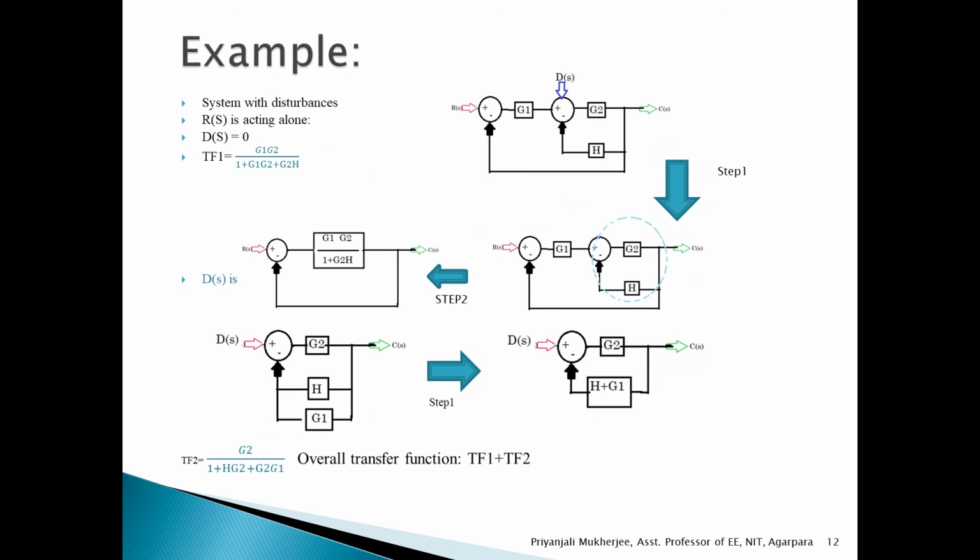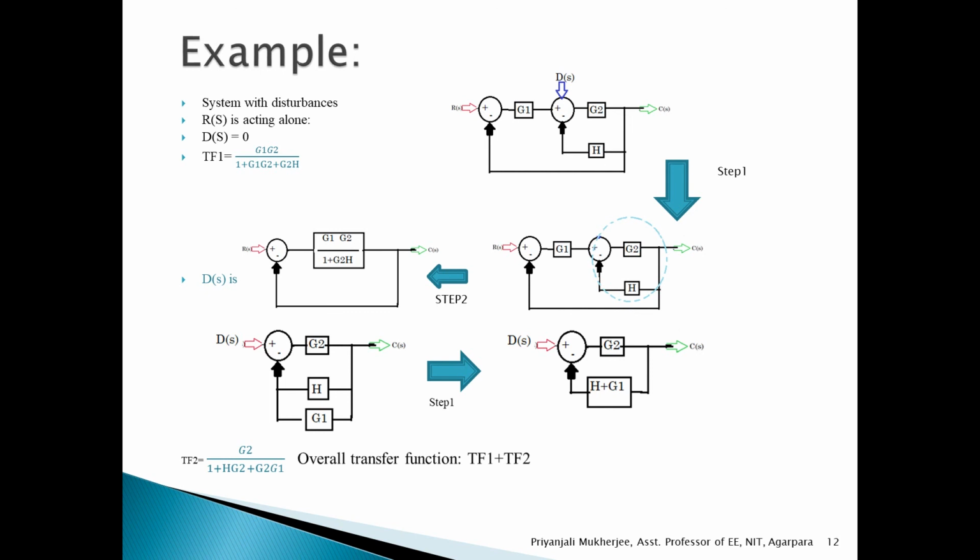Let us see another example where there are two inputs, that is, a disturbance input is present. We have considered that these systems are linear time invariant systems, and it is a linear system, that means it obeys the superposition principle.